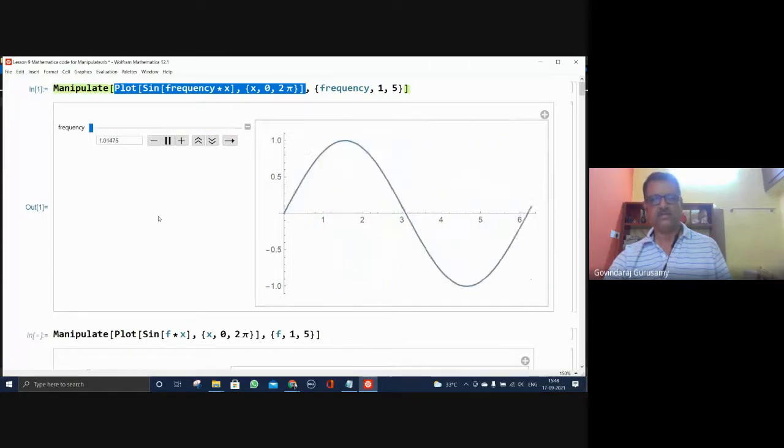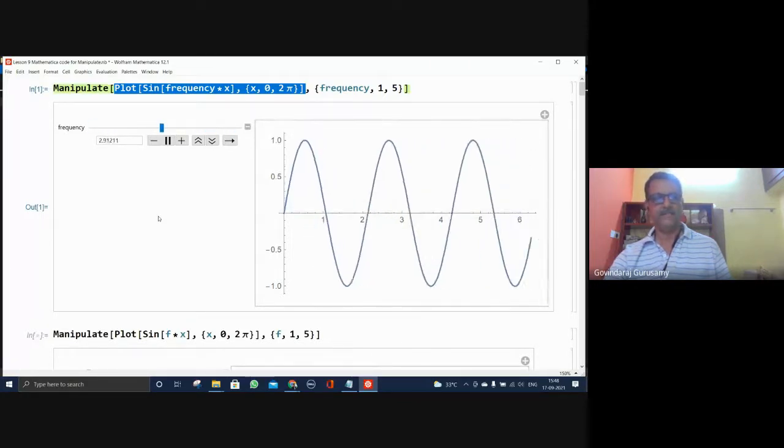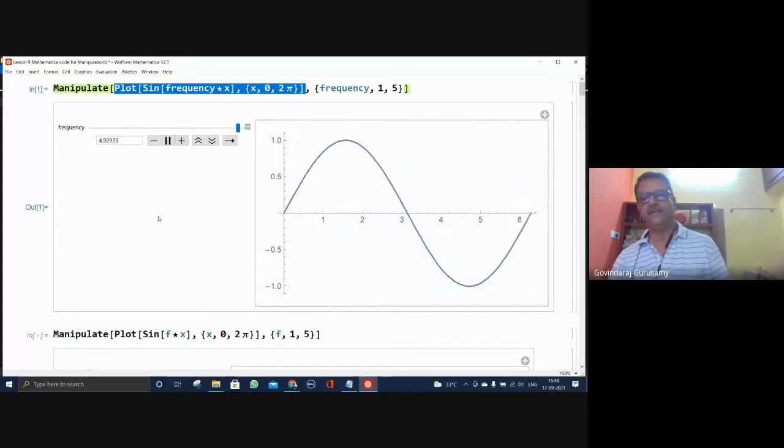This is the wave being generated with a frequency varying from 1 to 5.